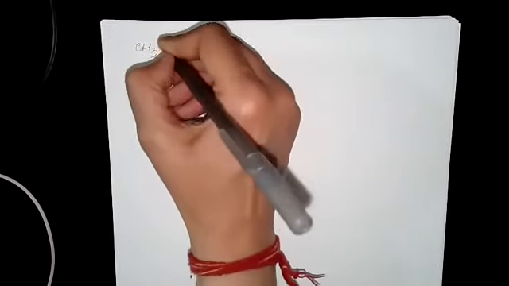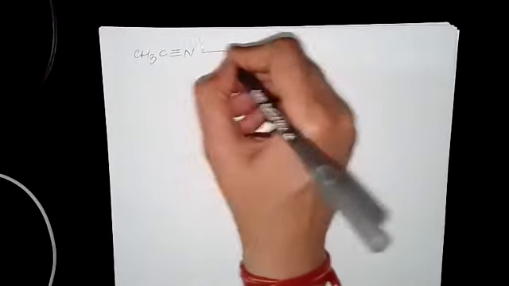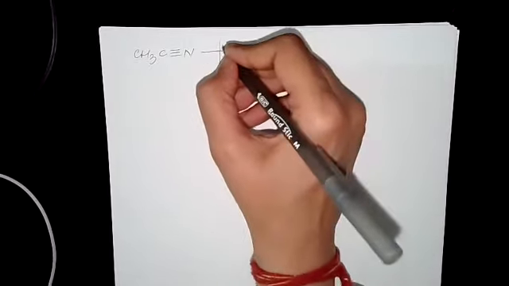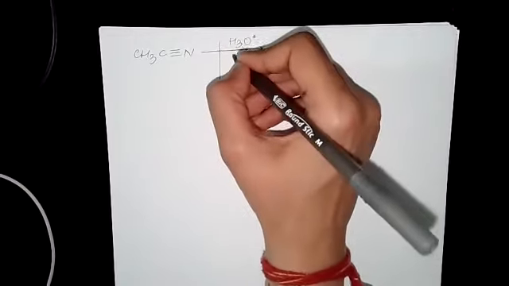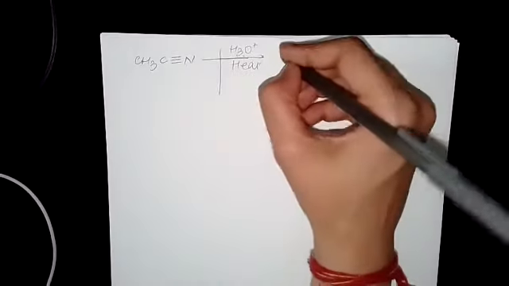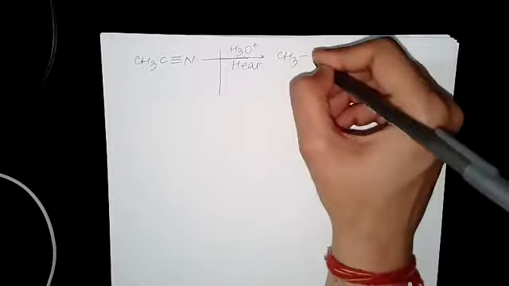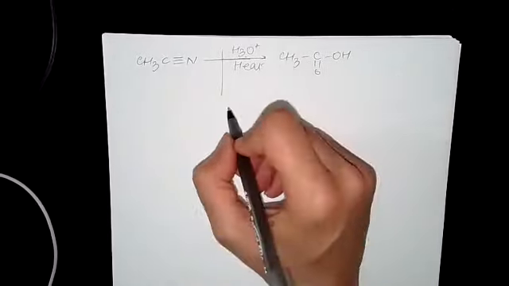So the last part is the reactions with nitriles. Just like other derivatives, when you hydrolyze this in the presence of acid and heat, you are going to get your carboxylic acid 1, 2, 1, 2.